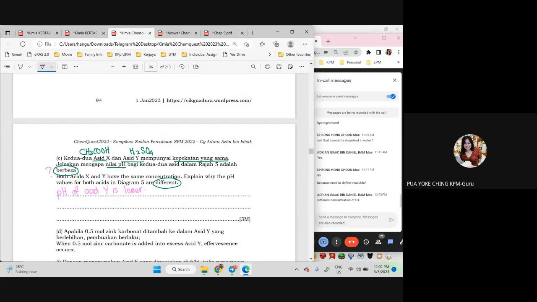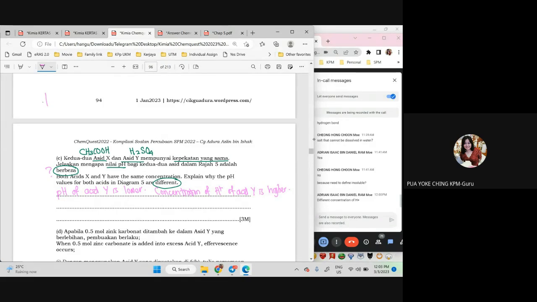Okay, point 2. Like Isaac said, Adrian said, pH of acid Y is lower, so concentration of H plus of acid Y is higher. Kan? Kita dah tahu.